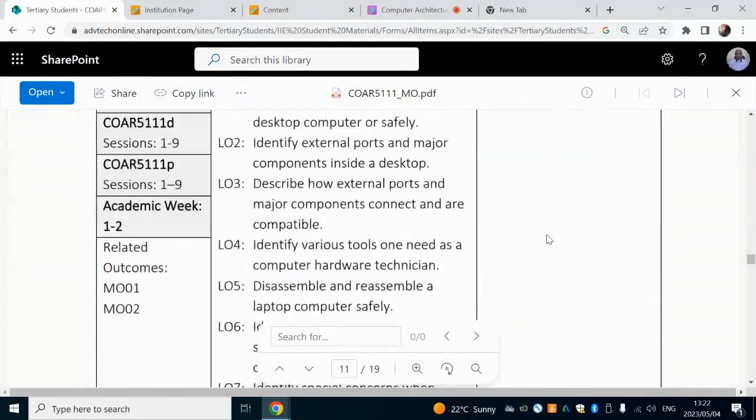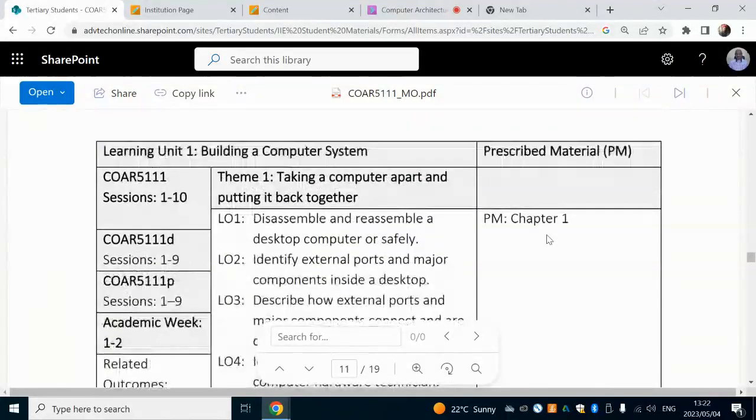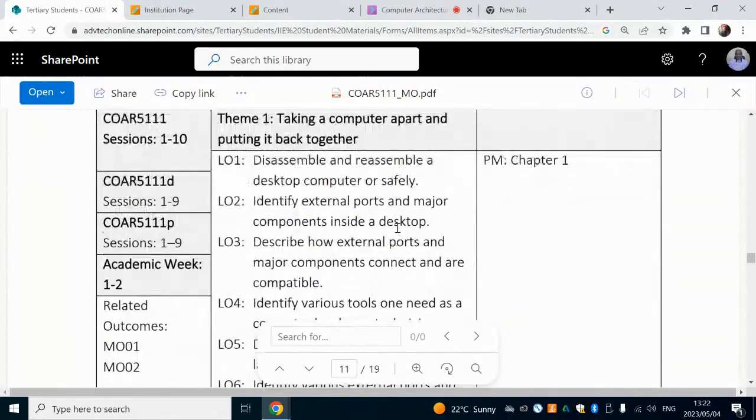What's covered in learning unit 1? Firstly, it's chapter 1. Then how to assemble, disassemble the computer, identify external ports and major components.